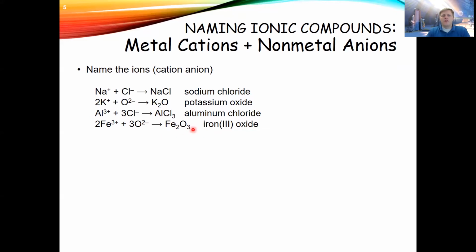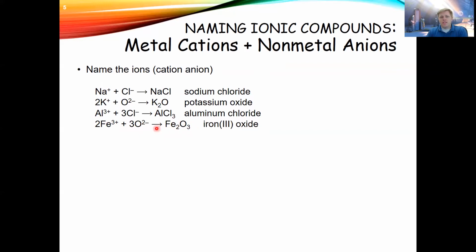How would we figure out those numbers to put there? The easiest way is if we look at the ions here, we have iron 3+. Since we have a 3+ charge on iron, that means we're going to have 3 of the other element. So iron is a 3+, we're going to need 3 oxygens. Oxygen is a 2-, which means we're going to have 2 of the other element. We're going to have 2 irons.